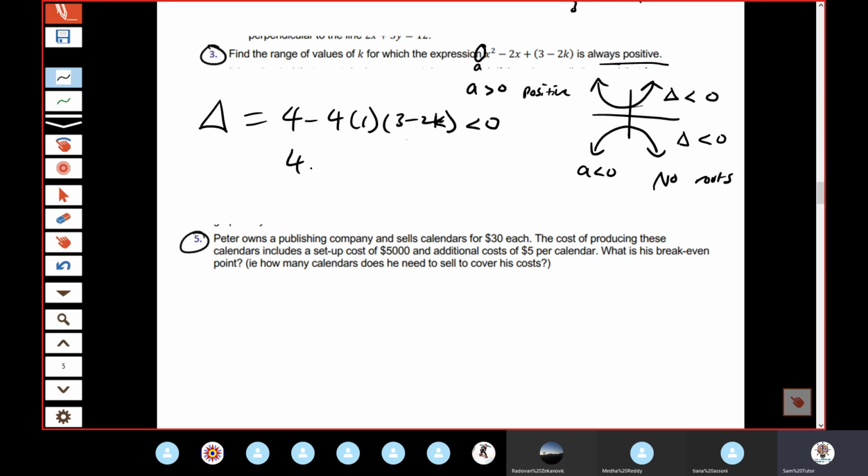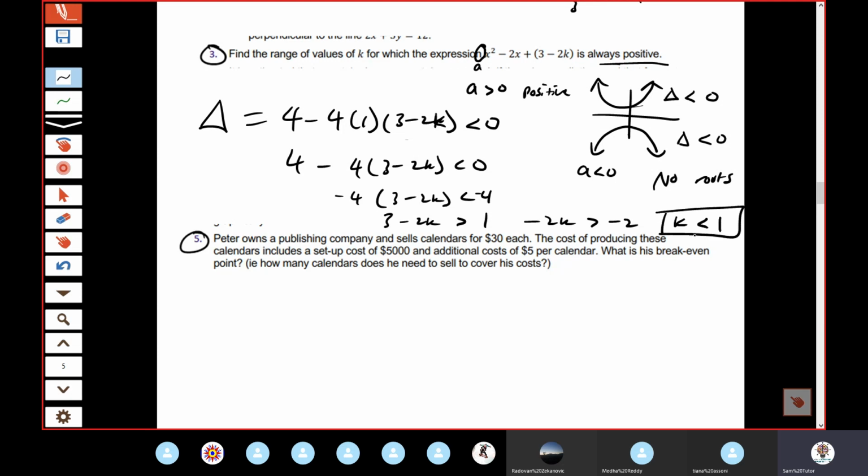All right, 4 minus 4 minus 4, less than negative 4, divide by negative 4, greater than 1, take away 3, negative 2, and then again divide, k is less than 1.